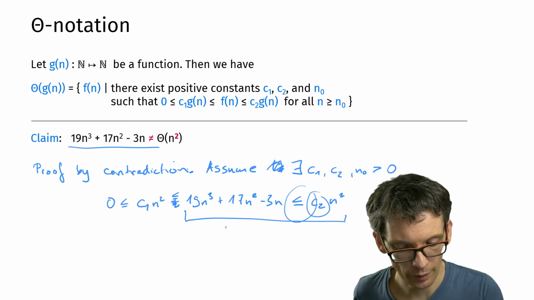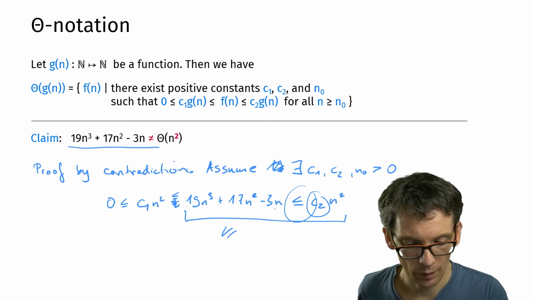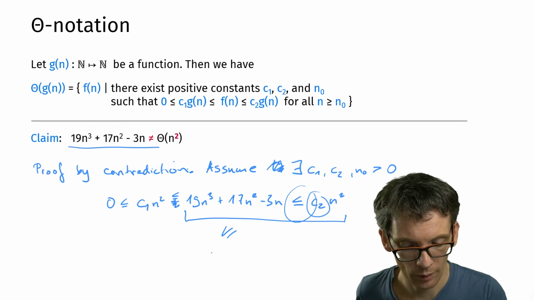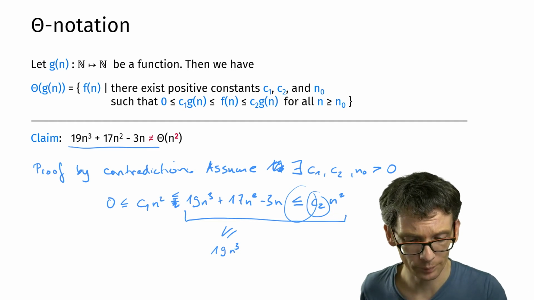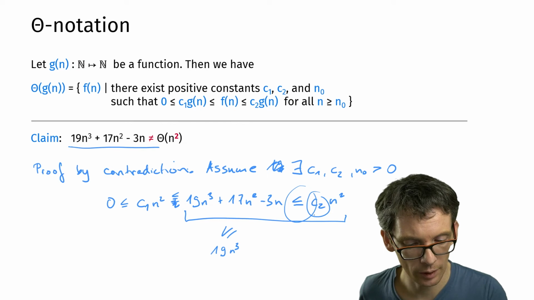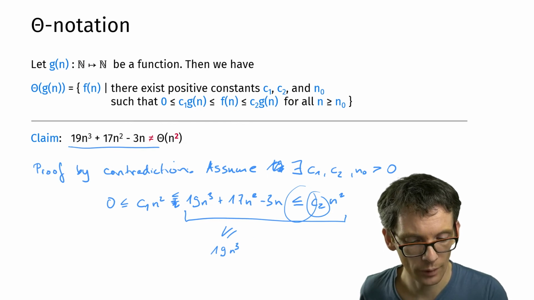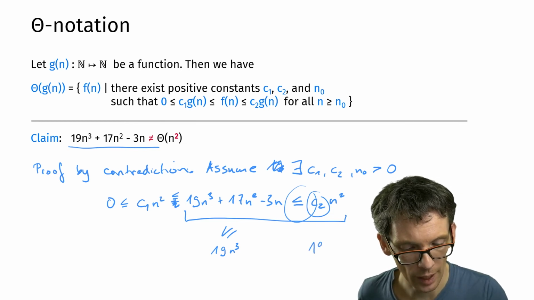Let me first say that C2 n squared is larger or equal 19n cubed plus 17n squared minus 3n. That is actually larger or equal 19n cubed. We had that argument on the previous slide. What we now have is that 19n cubed is smaller than C2 n squared, which implies that 19n is smaller or equal C2.